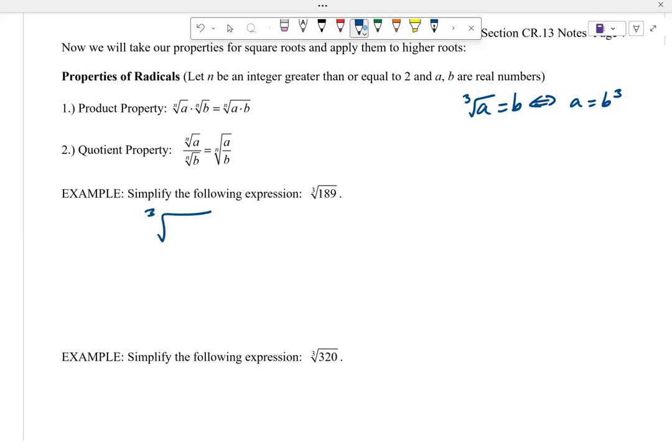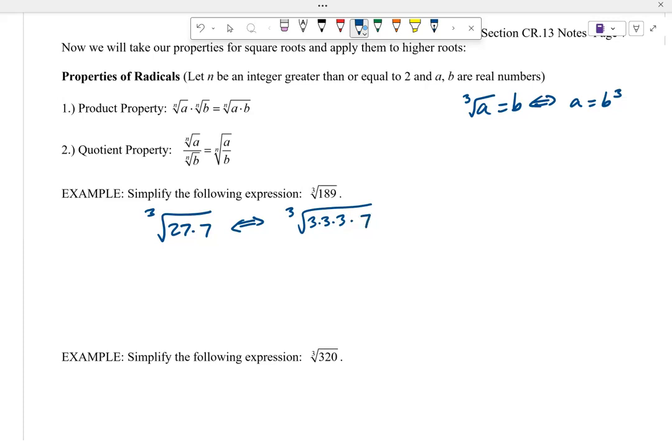So I got to factor 189, and I'm thinking to myself, well, what goes into 189? How about 27 and 7? And I'm going to keep going with my 27. 27 I know is 9 and 3, but 9 is 3 and 3.